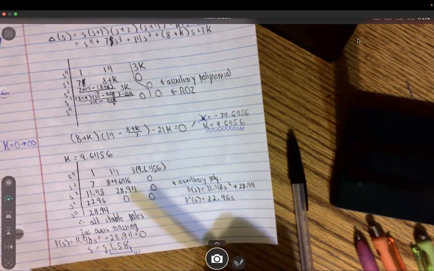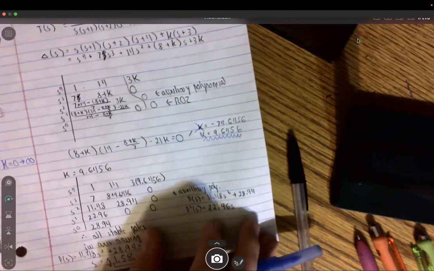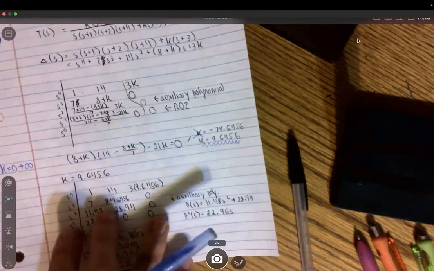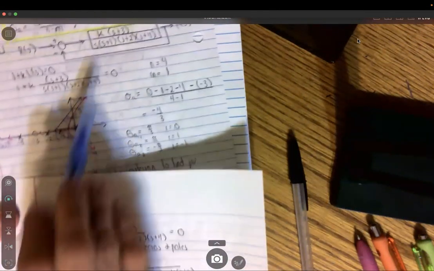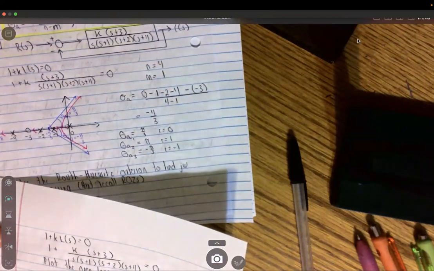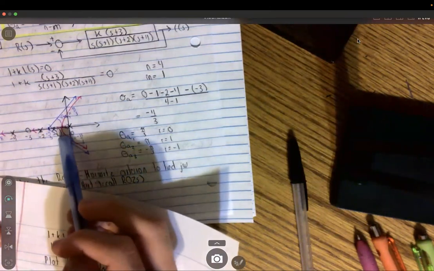Now that we've seen where the j omega crossing is, we can look at the plot and check whether it makes sense that we cross around omega equals 1.58.